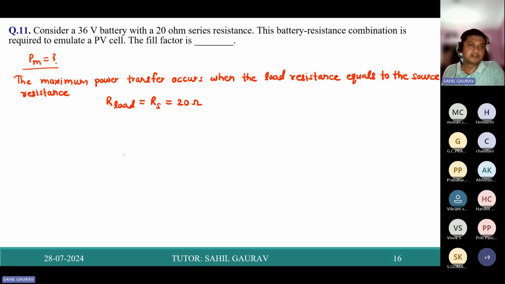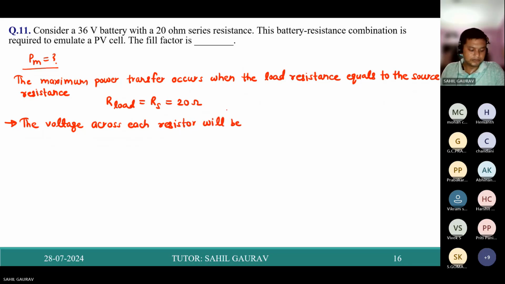Now the voltage will become half across each resistor. Then you can say that the voltage across each resistor will be half of the open circuit voltage.